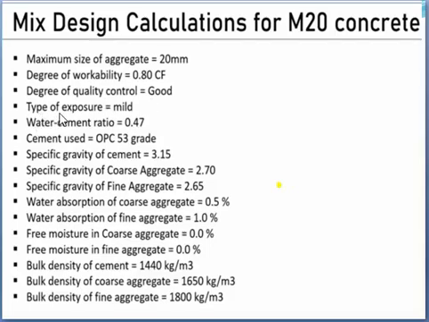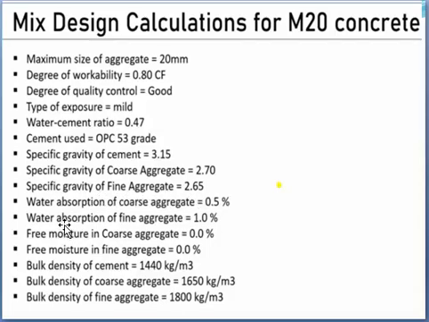Then type of exposure, mild. Water cement ratio 0.47. Cement used will be ordinary Portland cement 53 grade. Then specific gravity of cement 3.15, specific gravity of coarse aggregate 2.70, specific gravity of fine aggregate 2.65.